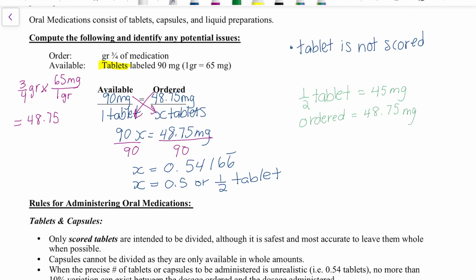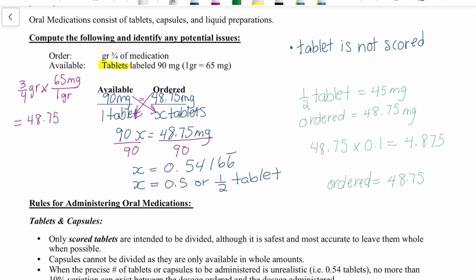Okay, so 10% of 48.75, we can times that by 0.1 or 10%, is going to be 4.875, which means that if what I have ordered is 48.75, I can go up or down by 4.875 and it still be within 10% of what was ordered.